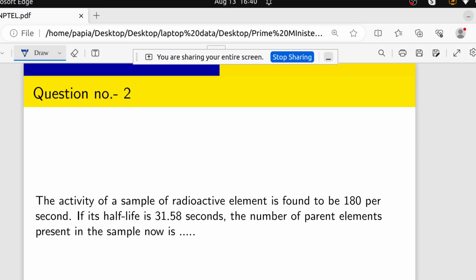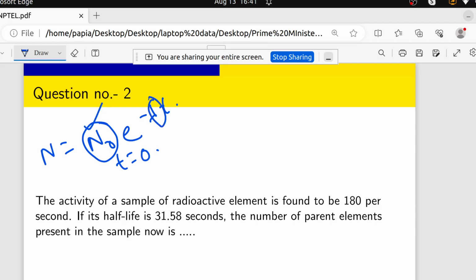The expression for radioactive elements is e to the power minus lambda t. N0 is the number of parent particles at t equals 0, lambda is the decay constant, and t is the time at which it disintegrates. And N is the number of particles at time t.